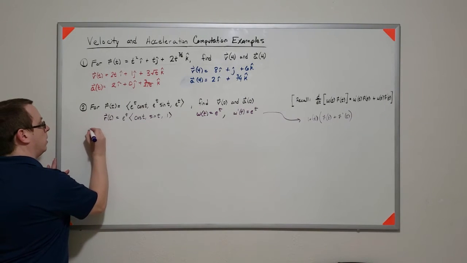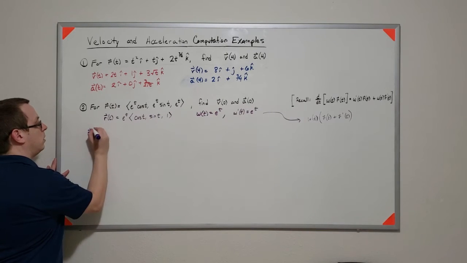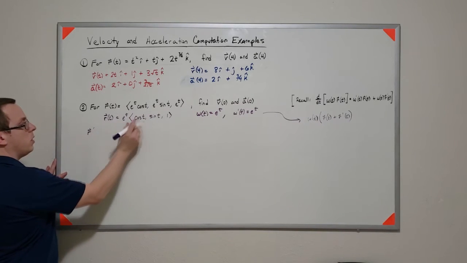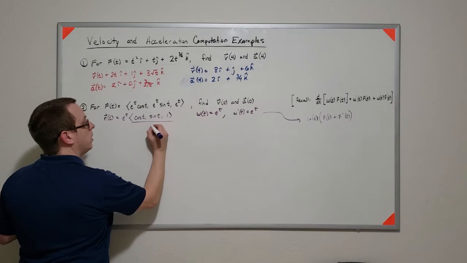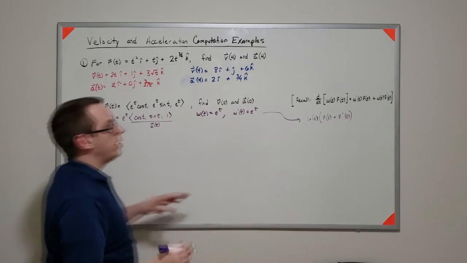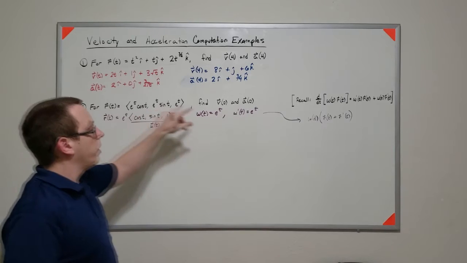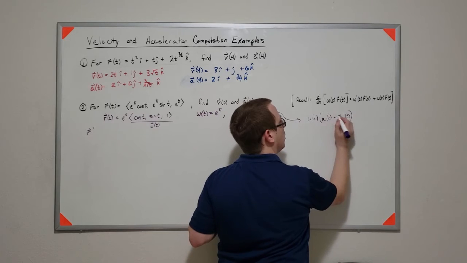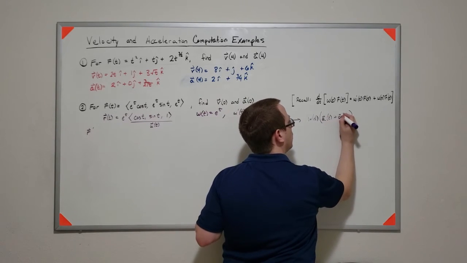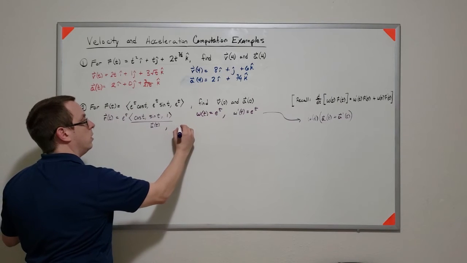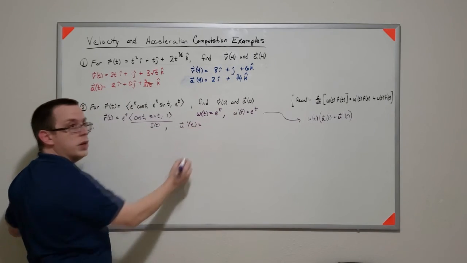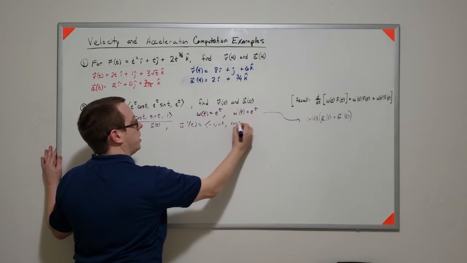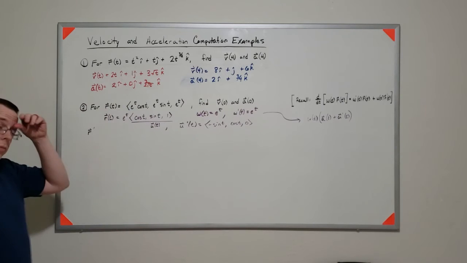Anyway, so if this is like a u of t, right? So over here, we're no longer using this r anymore. We're more so using like a u of t here. Then u prime is negative sine of t, cosine of t, and 0.